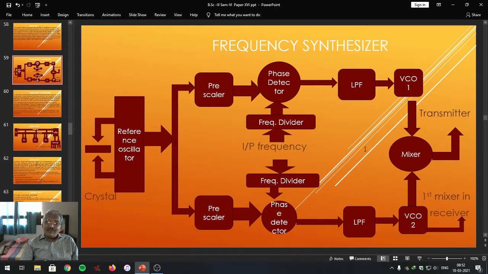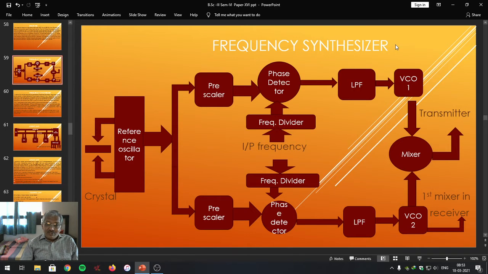Then we have studied the block diagram of the cellular phone. After that, we covered the transmitter unit and receiving unit of the cellular phone. Today we are going to study the third unit of the cellular mobile phone, and that unit is known as the frequency synthesizer.